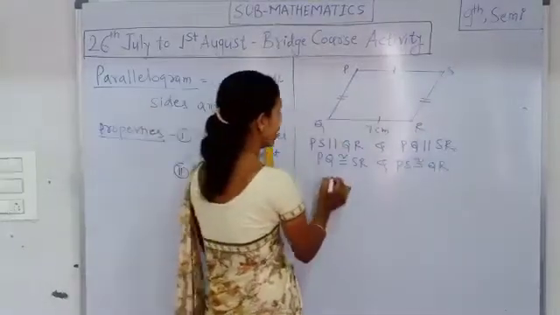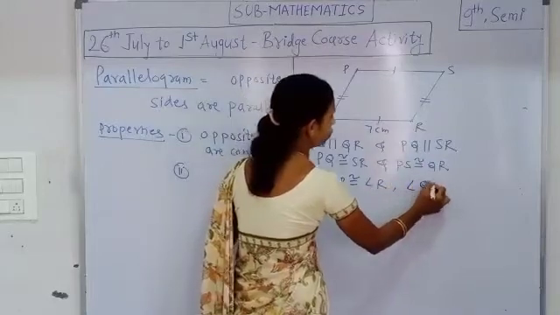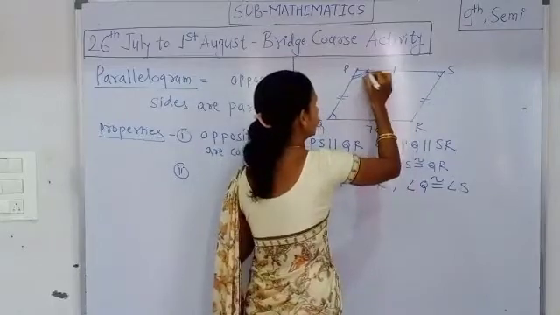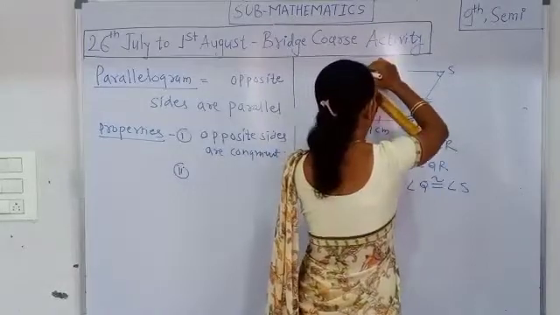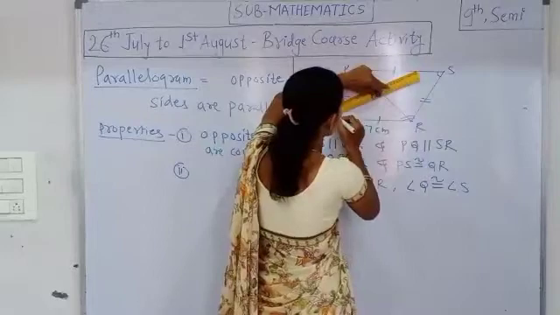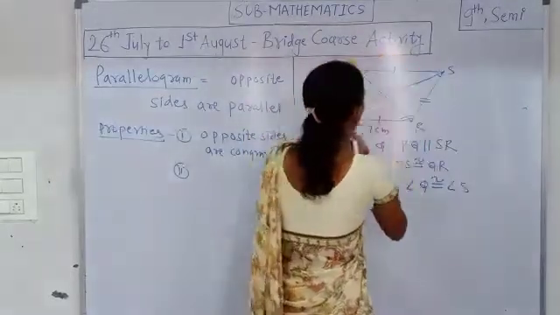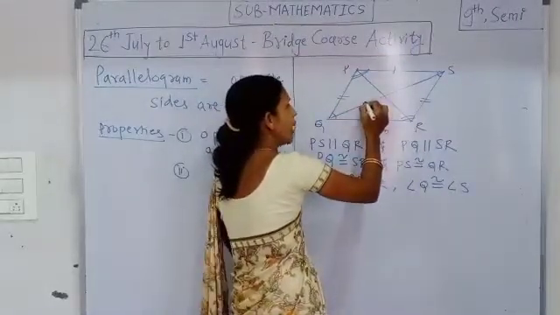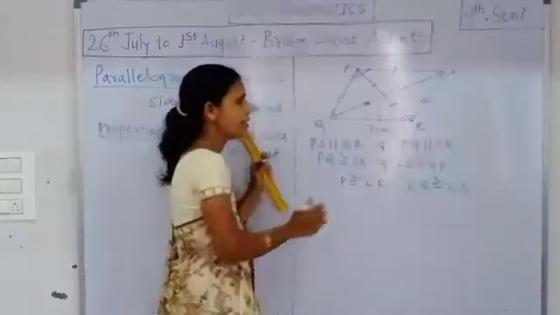That means angle P is congruent to angle R and angle Q is congruent to angle S. And the diagonals of a parallelogram, that is PR and QS, bisect each other.